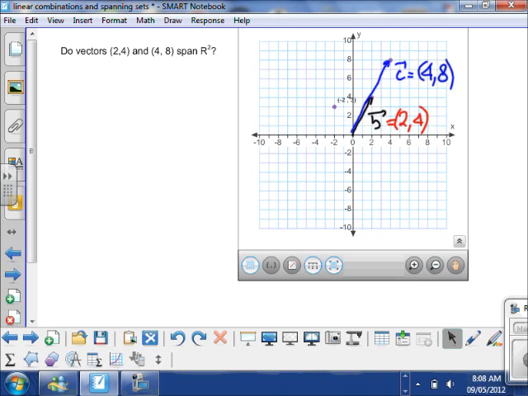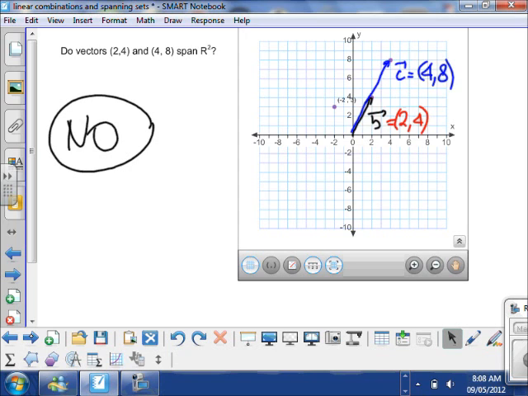Negative 2, 3. Are you able to multiply each of these vectors, B and C, by a certain scalar, and then use your parallelogram rule to get vector negative 2, 3? Are you able? The answer to this question is no. You cannot do that.